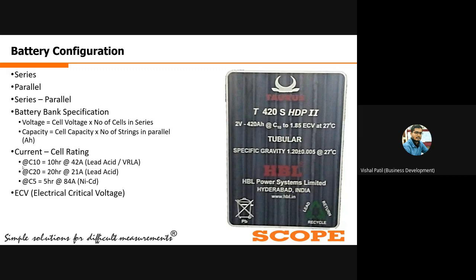Now, the next parameter mentioned on the nameplate of any cell is the ECV, the electrical critical voltage. This voltage defines that if the cell voltage goes below this critical voltage, then the cell will go into a deep discharge mode, and it is very difficult to revive that cell if it goes below its critical voltage.